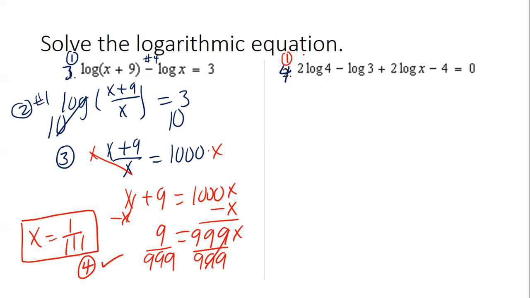So first, I'm going to use property number 5. Property number 5 allows me to take my coefficients and turn them into powers. So we have log 4 squared minus log 3 plus log x squared minus 4 equals 0.